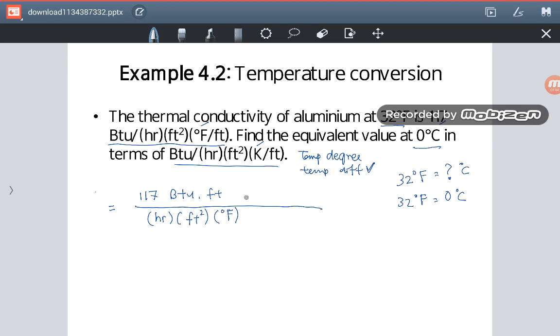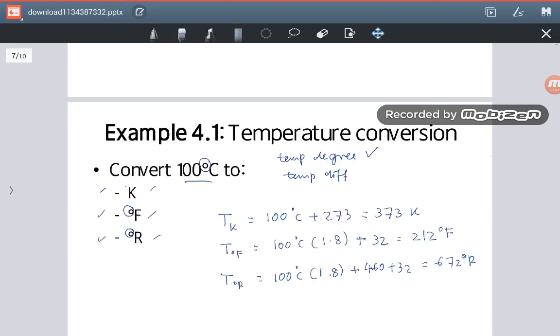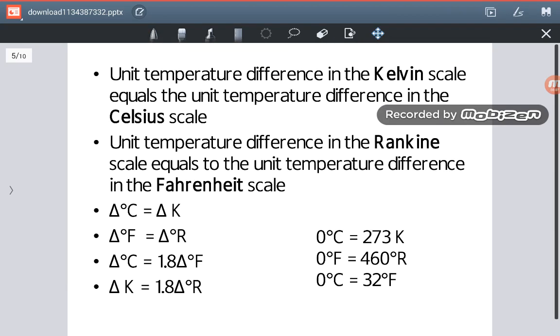So what we want to do, we don't want to change any other unit. We just want to focus on the temperature unit here. So we are referring back to the temperature difference equation here. If you want to convert from the SI unit to the English unit, what we need to do is either multiply by 1.8 or divide by 1.8.